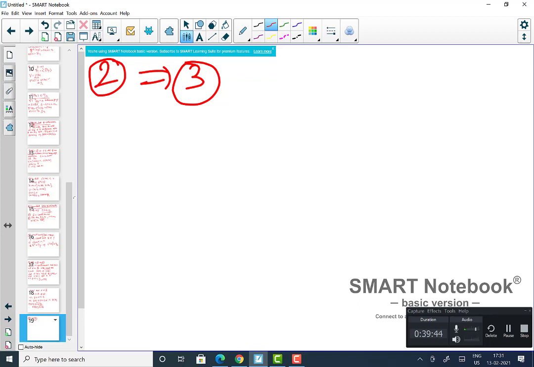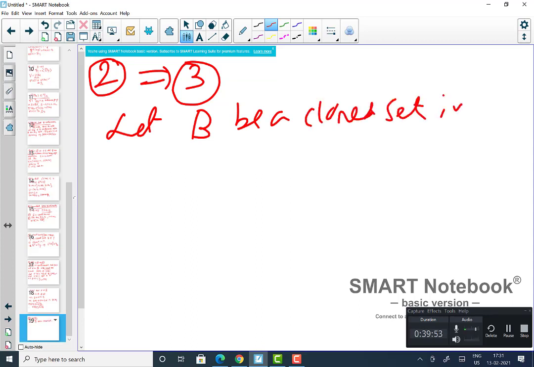Let B be a closed set in Y, and then you write down, say, A equal to f inverse of B. This is the pre-image of that.